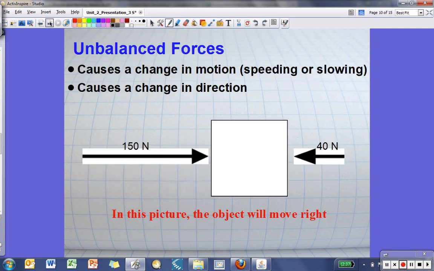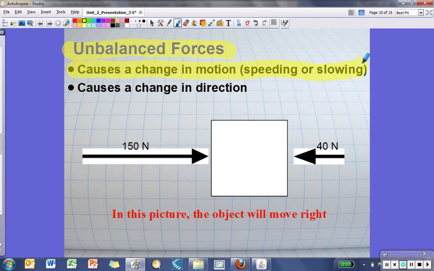On the flip side, there are unbalanced forces. Just like it says, unbalanced means that one force is stronger than the other side. That usually causes some kind of change in motion: the object is going to speed up, slow down, or start moving if it wasn't moving to begin with.